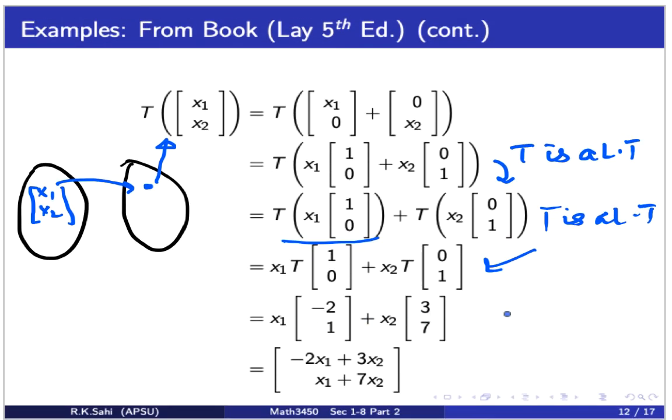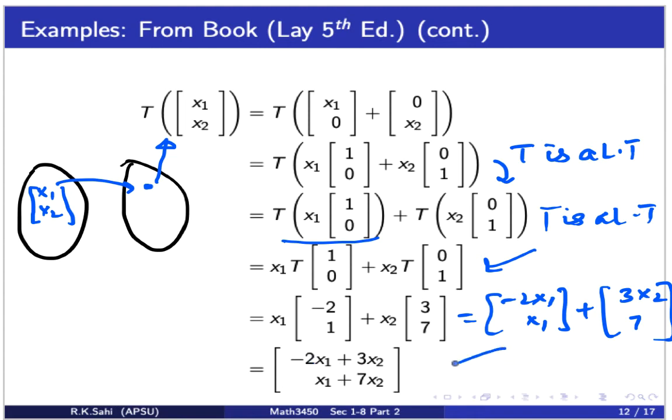Now once again we can just multiply the scalars inside. What do we get? Minus 2x1, x1 plus 3x2, 7x2. And now we just add the two vectors: minus 2x1 plus 3x2 and x1 plus 7x2.